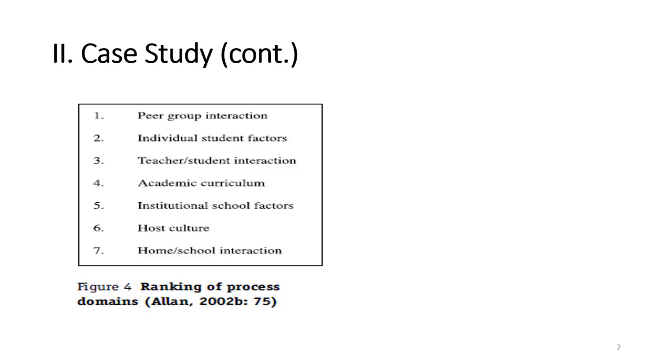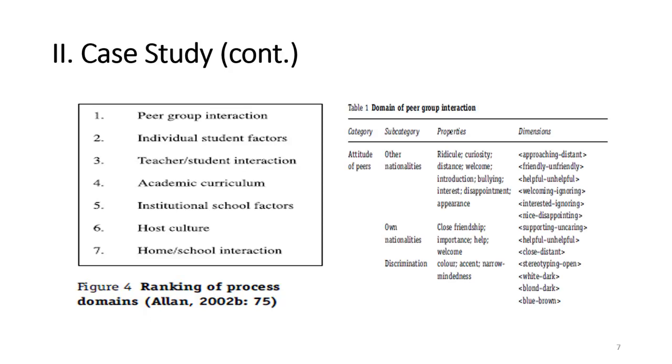So take a look at figure 4 in your reading. What you should understand is that the author doesn't focus on all 7 domains in the reading, but just focuses on that first domain, peer group interaction, how those 171 students felt about interacting with their peers, right?